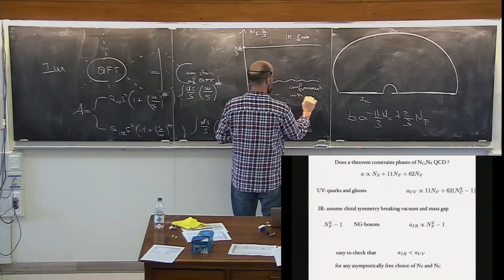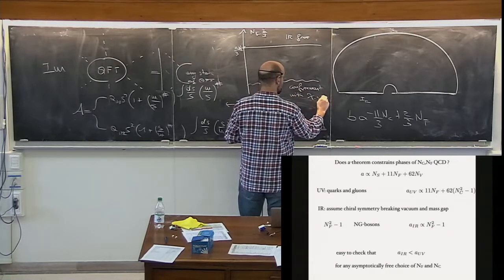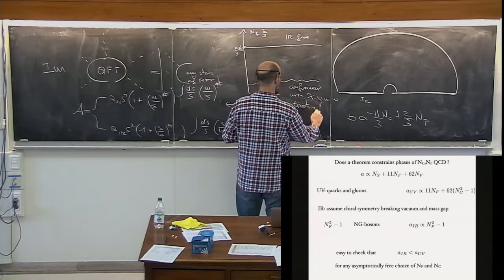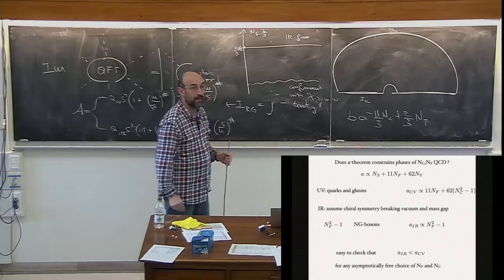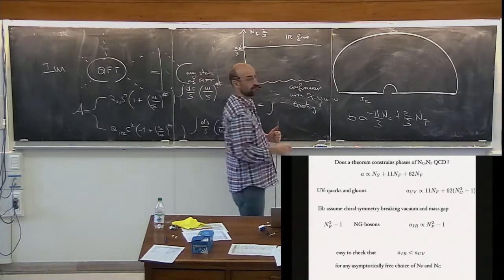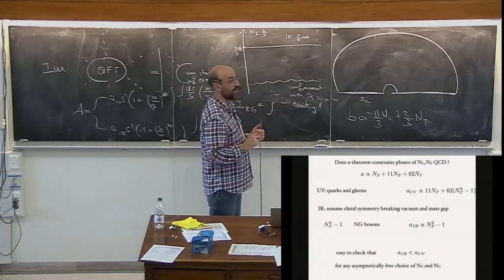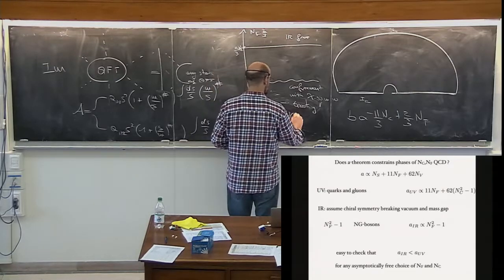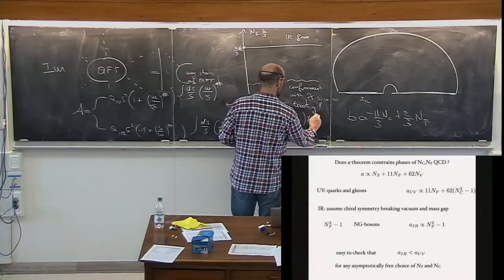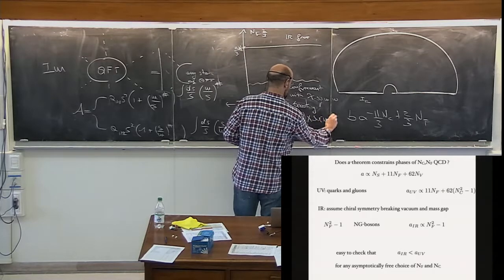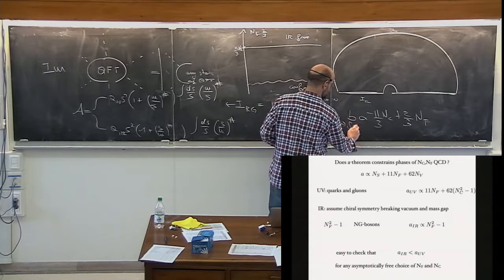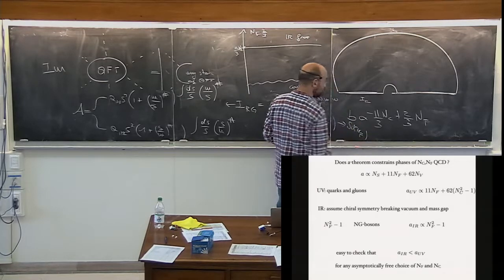And the IR theory here is made of what? If you have NF flavors, you have an SU(NF) cross SU(NF) flavor group broken down, very much like in QCD, to SU(NF). There are theorems that tell you that this is what happens.